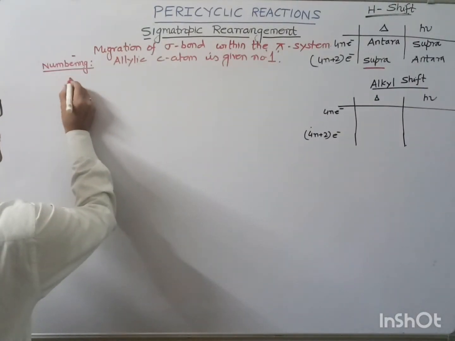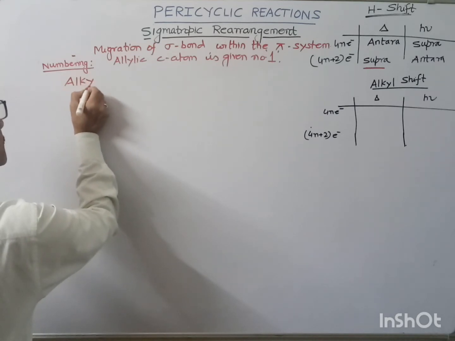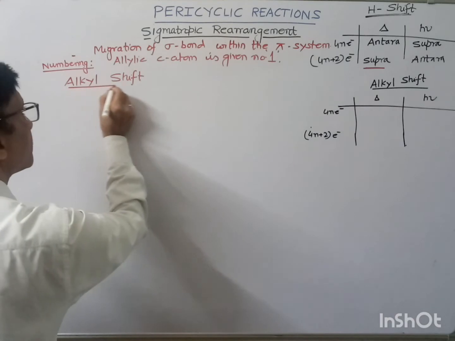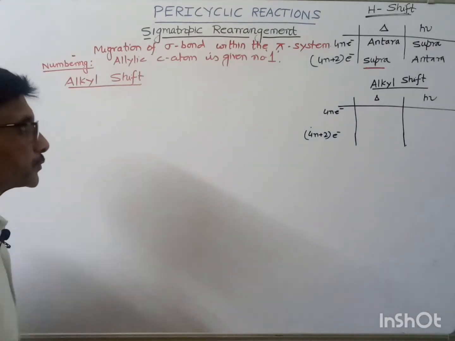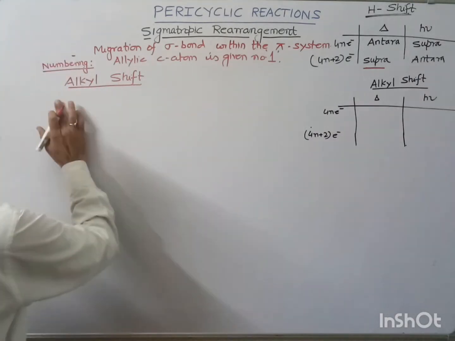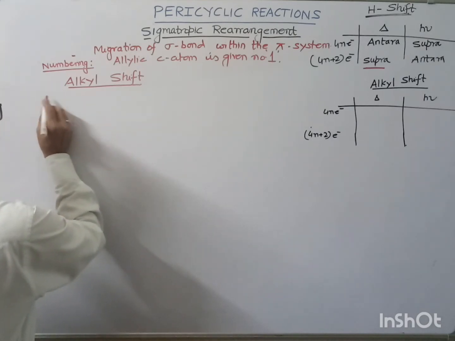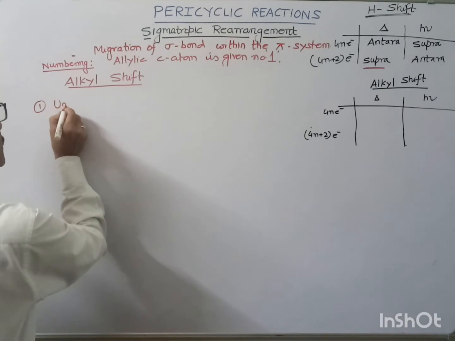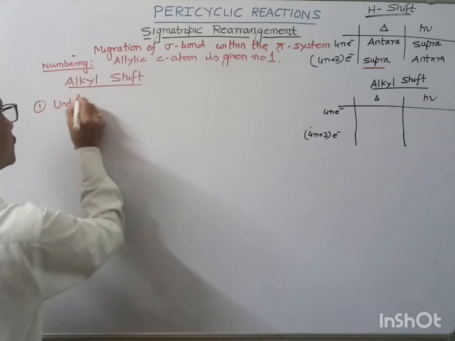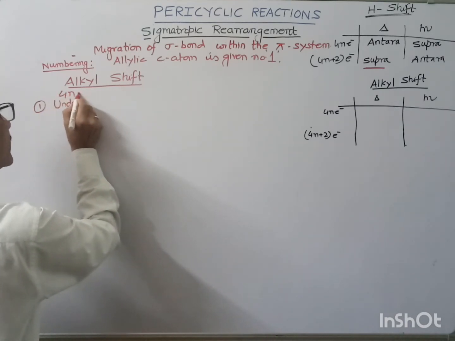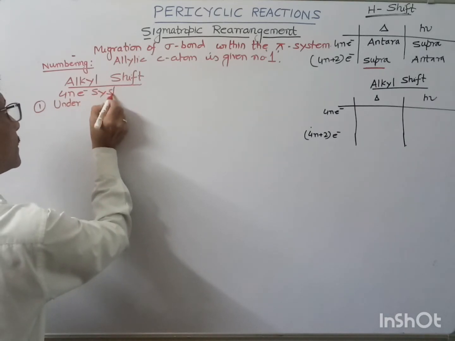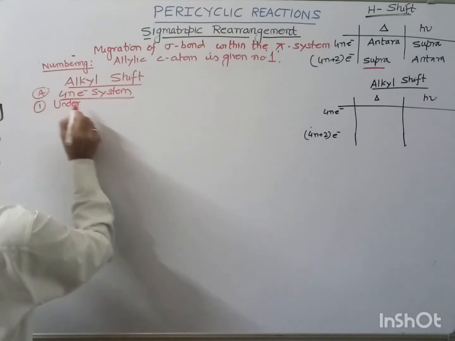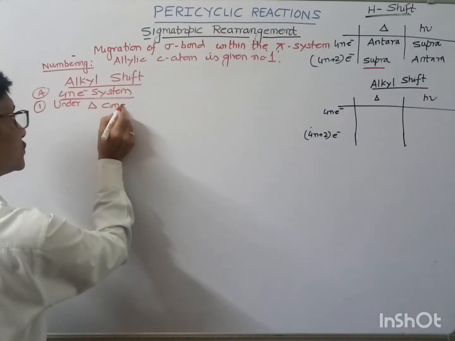Now for alkyl shift, for 4n electron system and under thermal condition first, let us see.